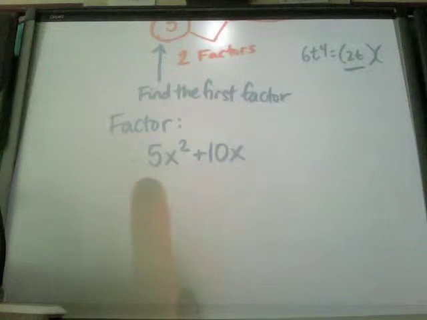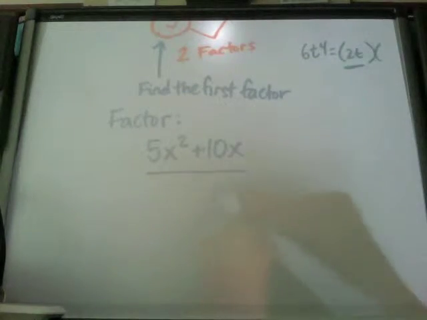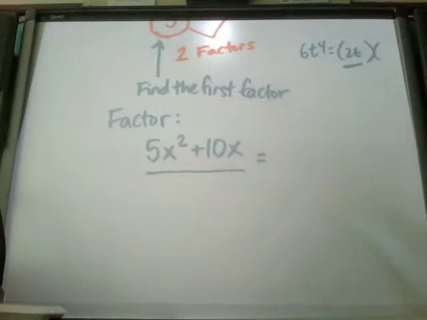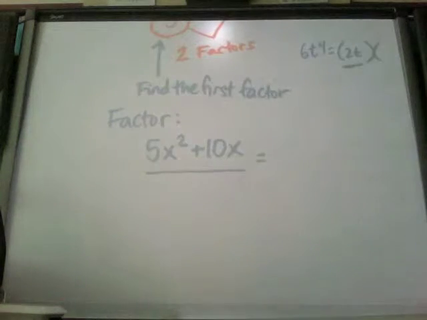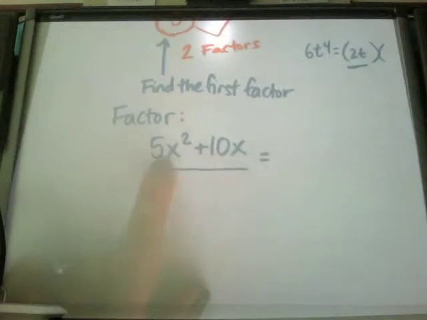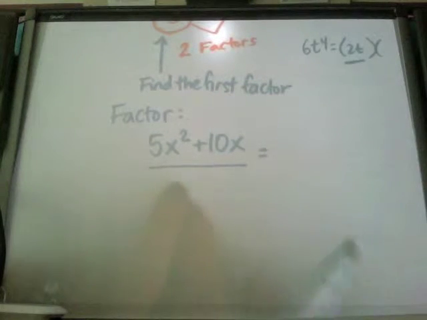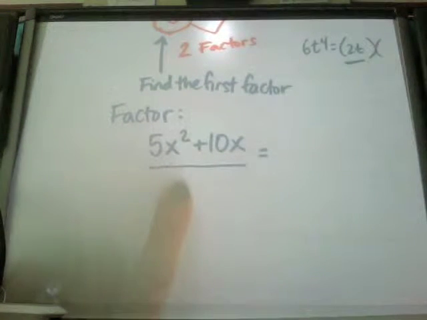That means we're looking at the numbers and we're looking at the variables. The idea here is that we're going to want to end up dividing this to find the second factor. If I factor this, it means find the two factors that could multiply to make this binomial. So we're going to start by finding a common factor that we could divide, just like we did in yesterday's lesson, and then we're going to use that factor that we divide to find the second factor.